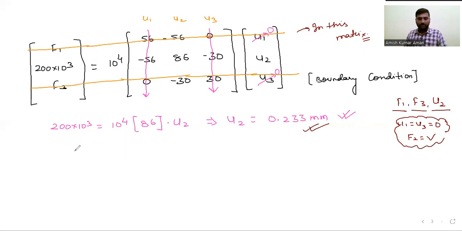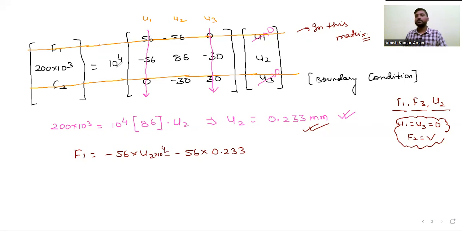From here, f1 will be equal to 56 into 0, that will be 0, minus 56 into u2, again 0 into 0 is 0 only. So f1 is minus 56 times the u2 value we have already calculated, that is 0.233, and 10 to the power 4 is outside, so we also have to consider this 10 to the power 4.